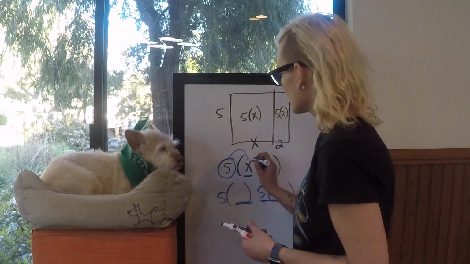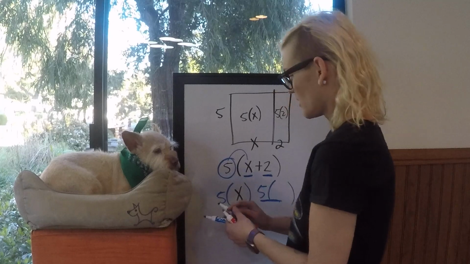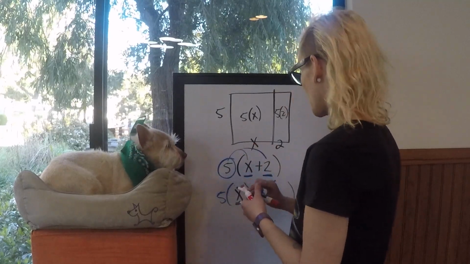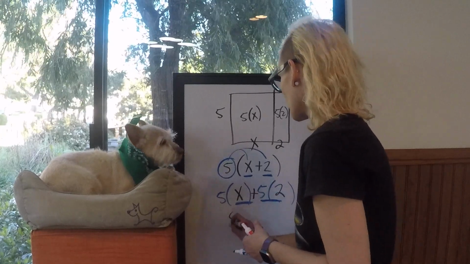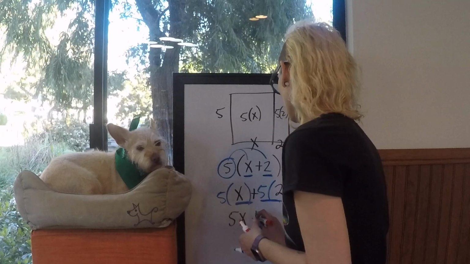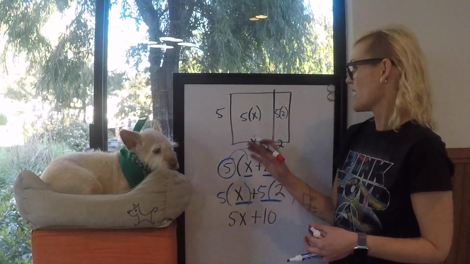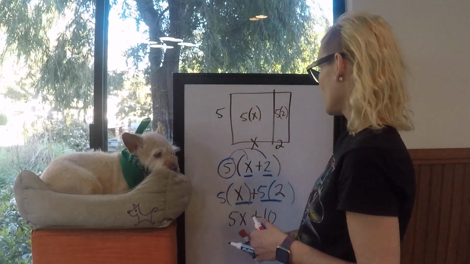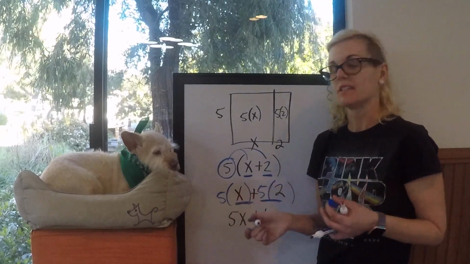So 5 times x plus 5 times 2. So 5x plus 10. So essentially, visually, the area of this whole thing is 5x plus 10 because we don't know what x is.